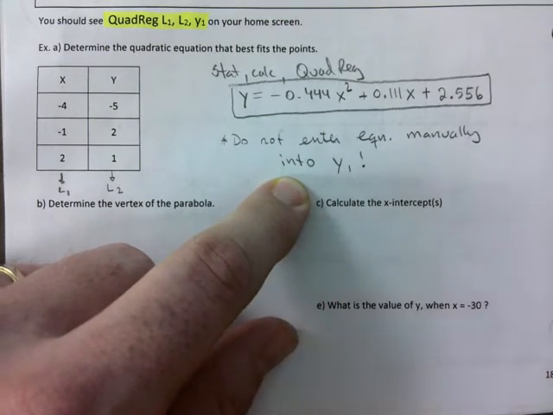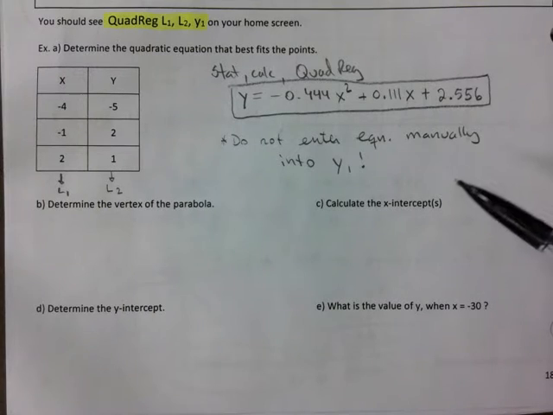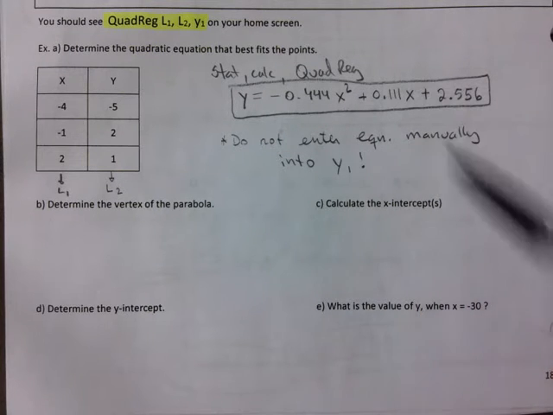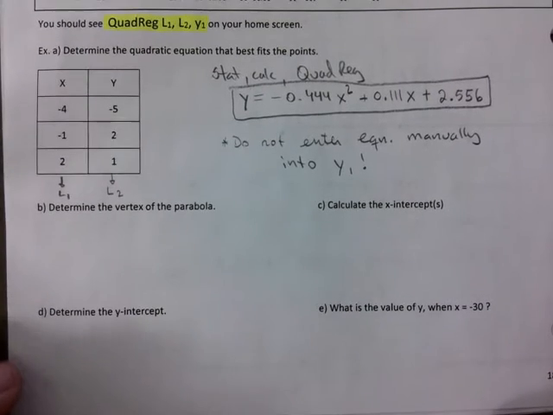I don't want you to do that because if you type in the one I wrote down manually, it's not going to give you the same answers as we are because it's using way more decimals than what we would have had we used this version. So keep that in mind if you don't want to have rounding errors.